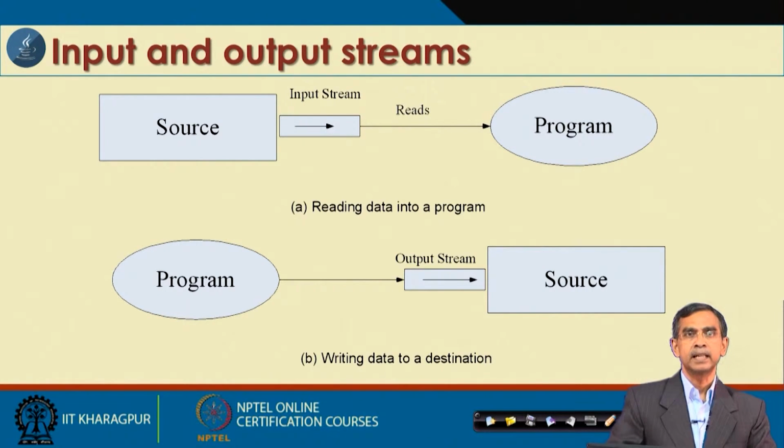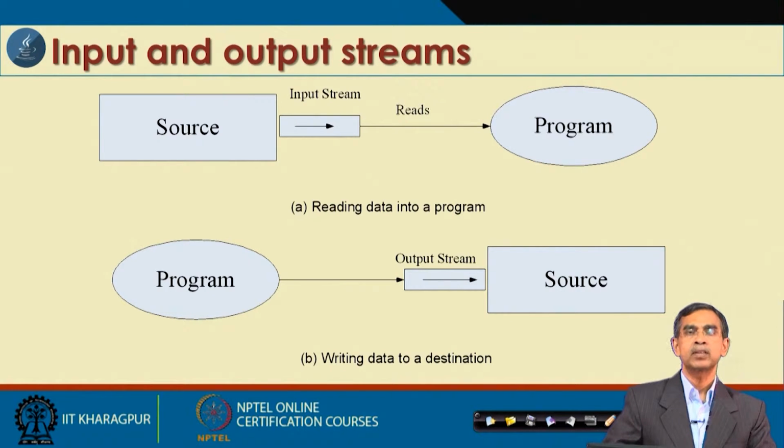Basically, the idea about the input stream and output stream is that your program can have data streaming from other sources, and this is called the input stream mechanism. On the other hand, from your program you can pump data to some other destination, and this is called the output stream, which we have discussed in the figure in these slides.